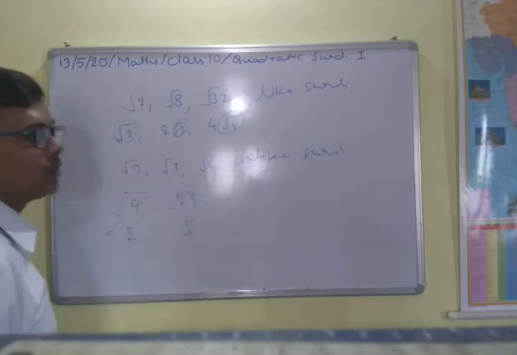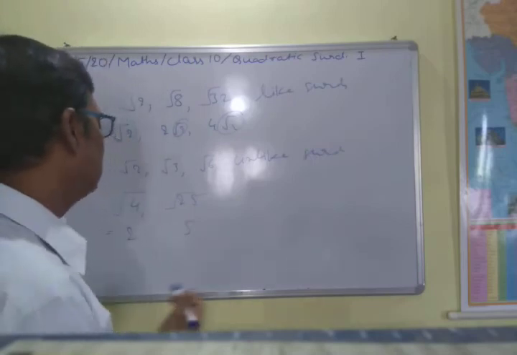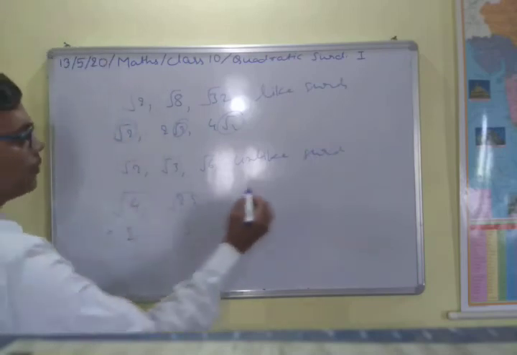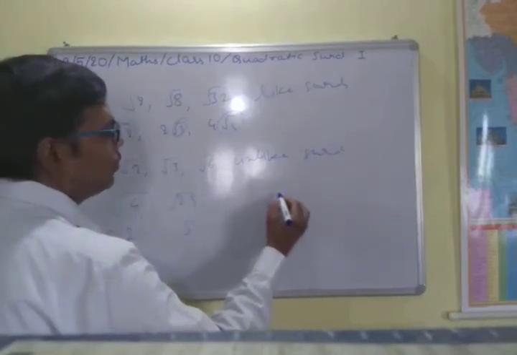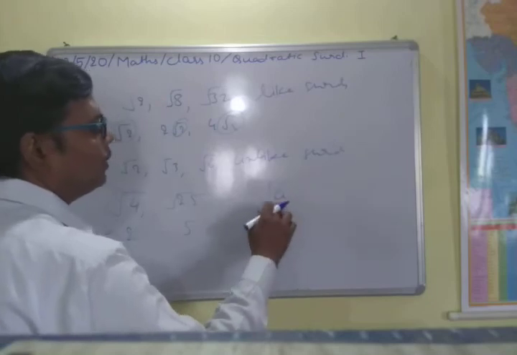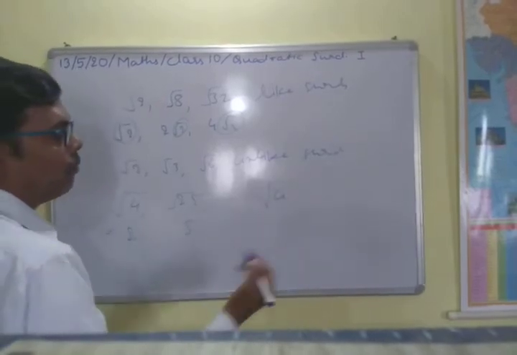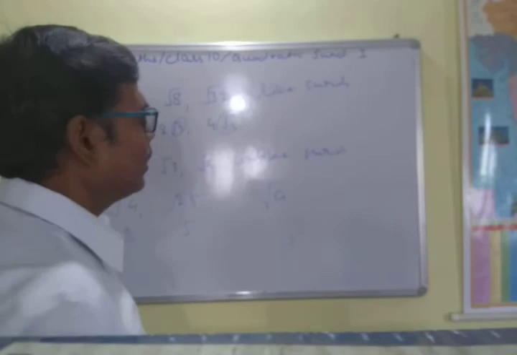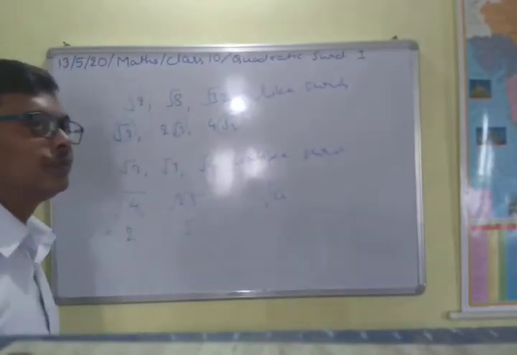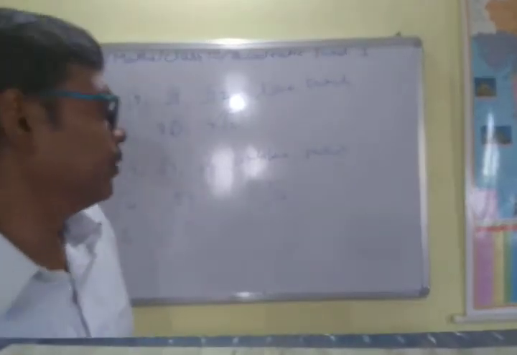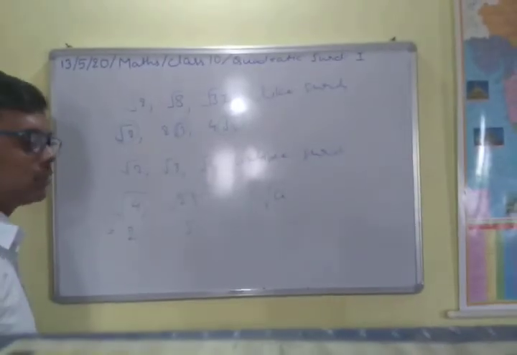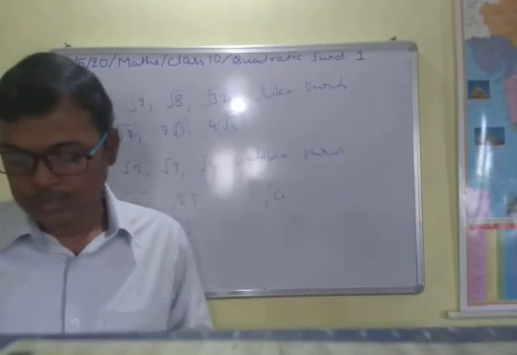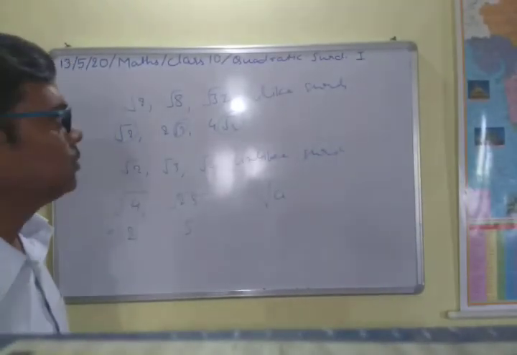For a number to be a surd, under this symbol we must have a number a which is a positive real number, and this must not be the square of any real number. Then this will be called the surd. So these are the fundamentals of surds.